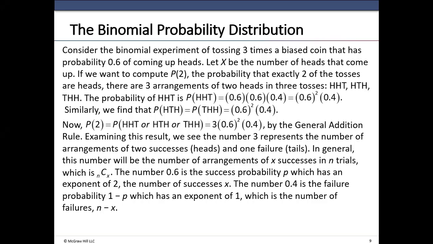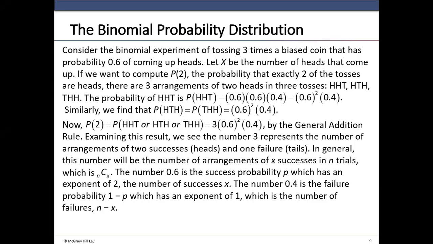The probability of HHT is 0.6 times 0.6, times 0.4 because it came up with one tail, so it is 0.6 squared times 0.4. Similarly, the probability of HTH is the same as the probability of THH, 0.6 squared times 0.4.